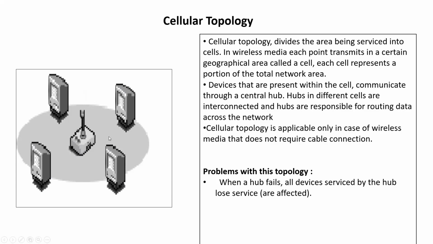This similar structure we can copy here, and this centralized hub and this centralized hub can be interconnected with a wire. If you remember the mobile computing diagram, there are different cells and they are connected through that centralized hub, and the transmission is through the wireless.